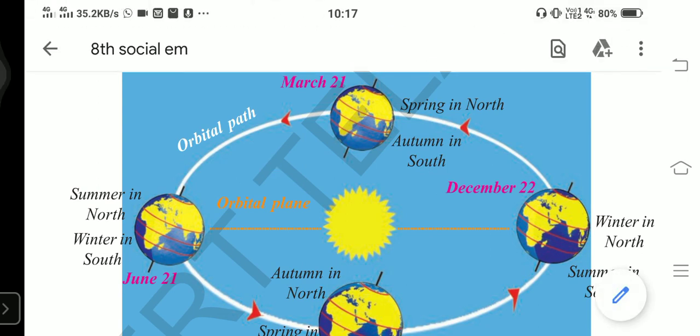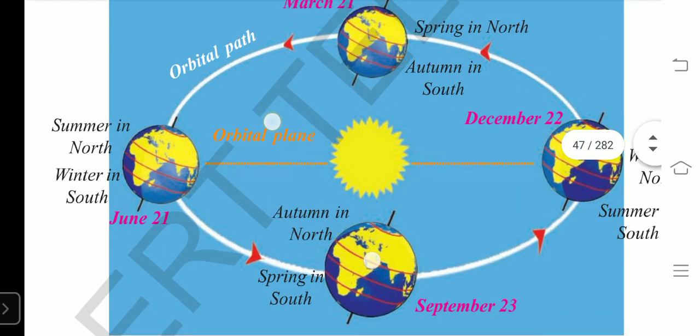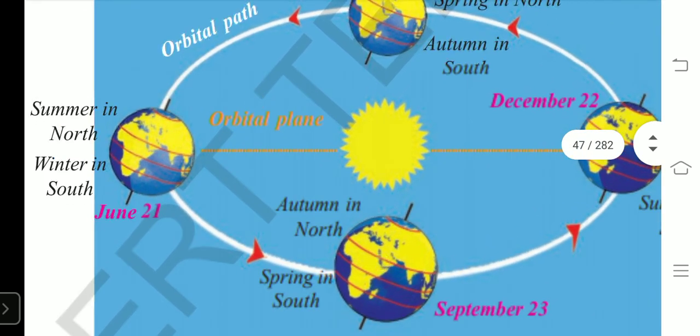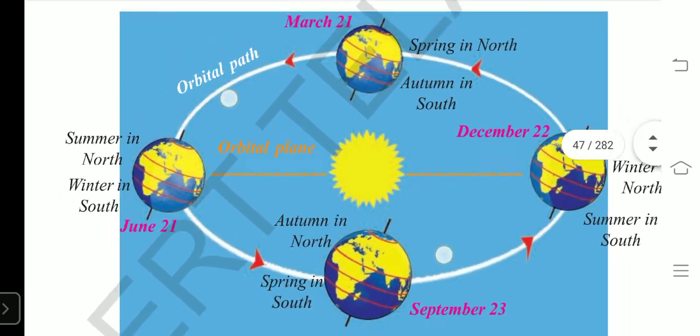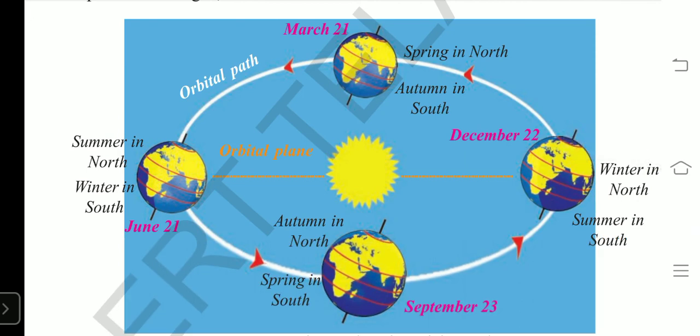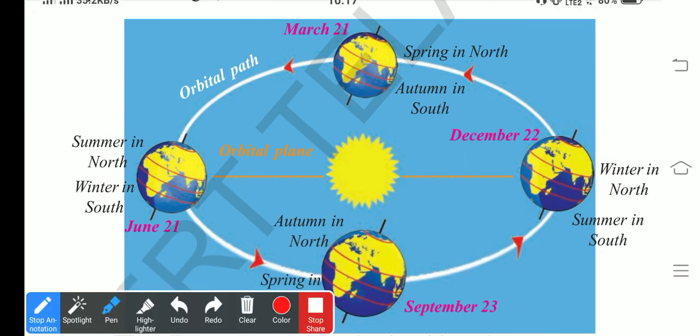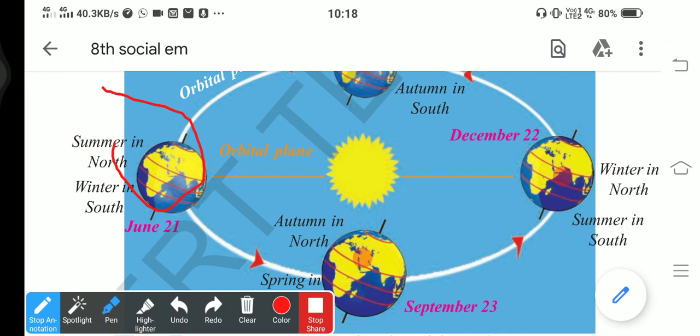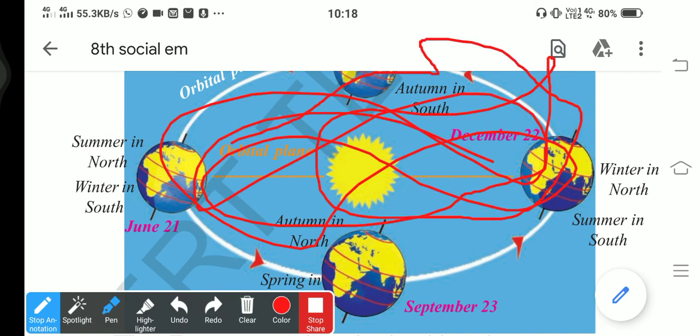Dear students, once you observe this figure very closely, you will identify here, I'll show you. This is the place, the Tropic of Cancer, where the sunrays fall vertically, right?